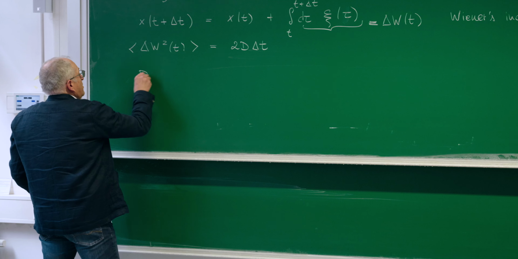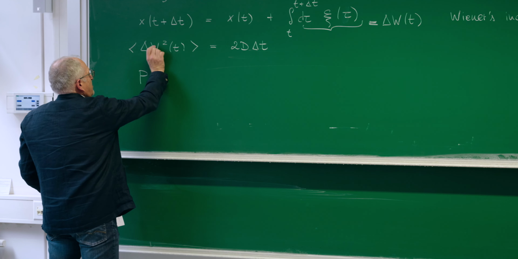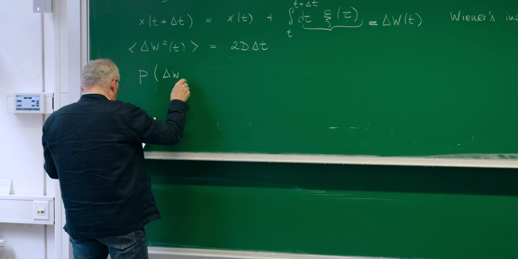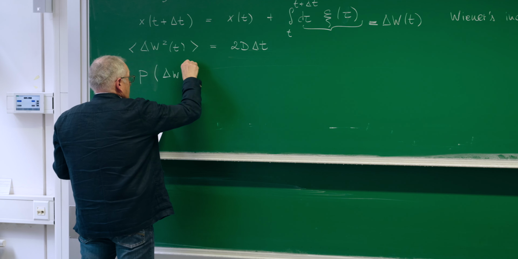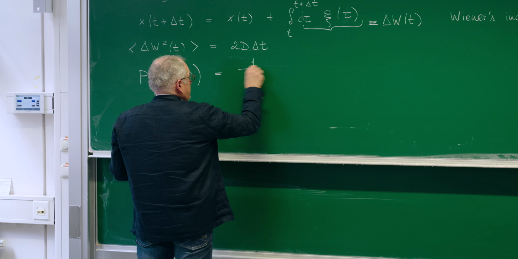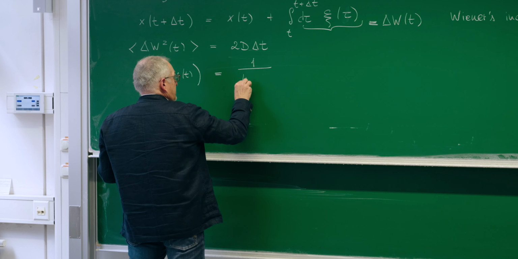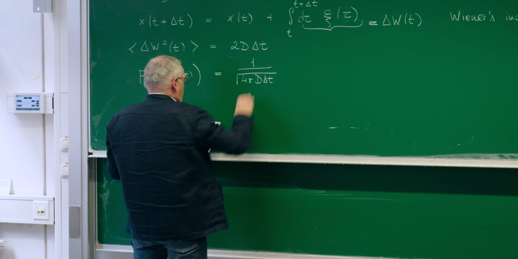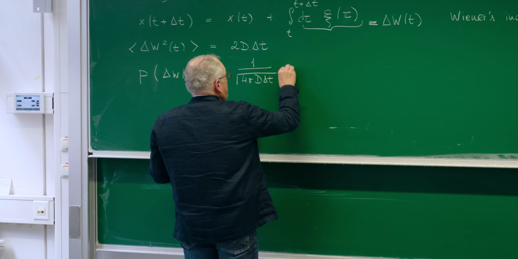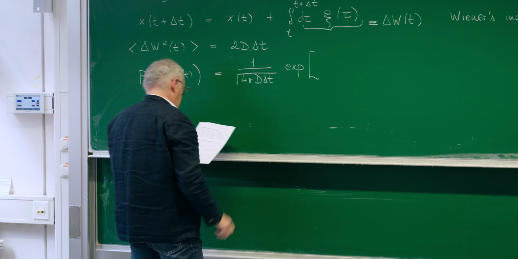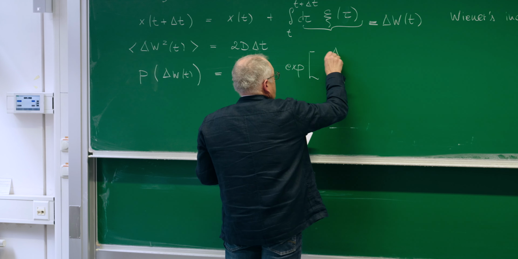And we know what the probability distribution function is. So it's a Gaussian. Because all that we've done is to integrate it. So we have a sum of Gaussians, and the sum of Gaussians is a Gaussian. So that means the delta w also must be a Gaussian distribution with the variance defined by the second moment, as we have just calculated it.